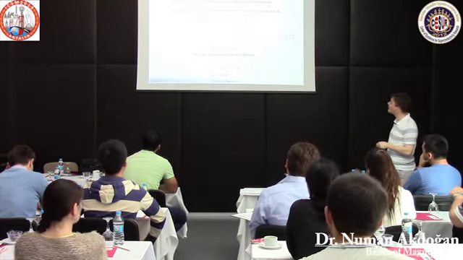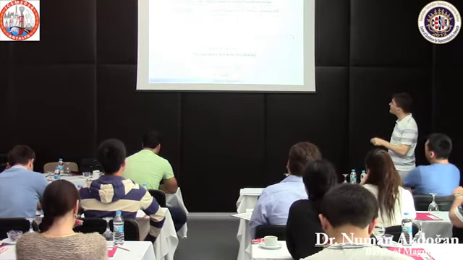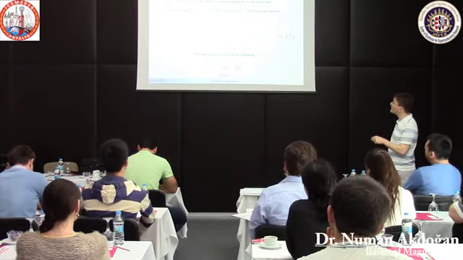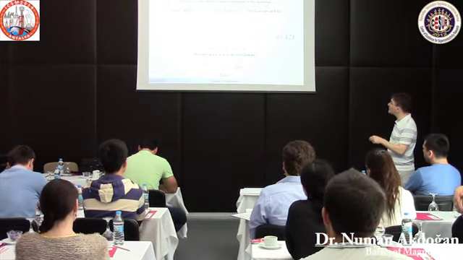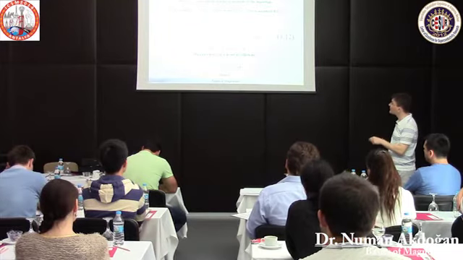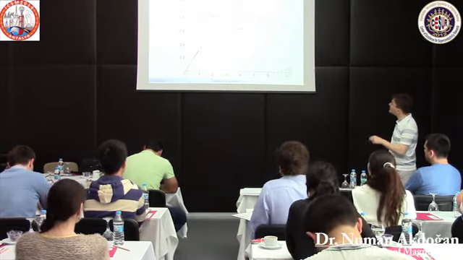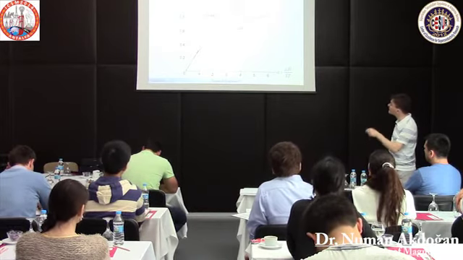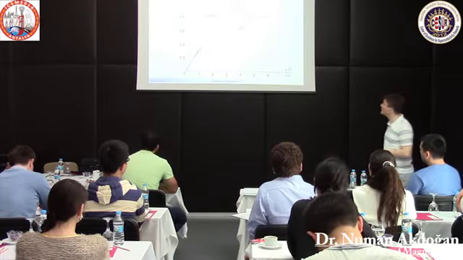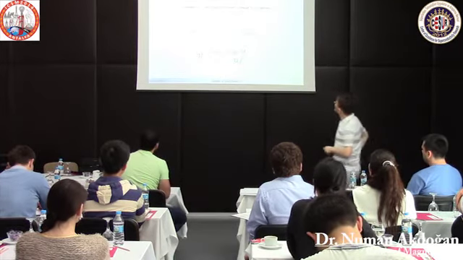But for small a values, the Langevin function will be equal to a over 3. And if I put this Langevin function for small a values here, finally I will have this relation for the magnetization. This will be, let's say, a solid line.